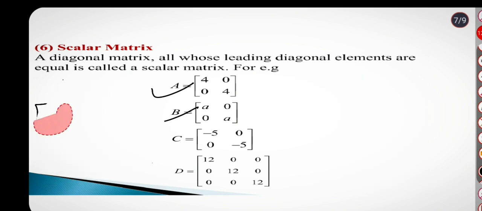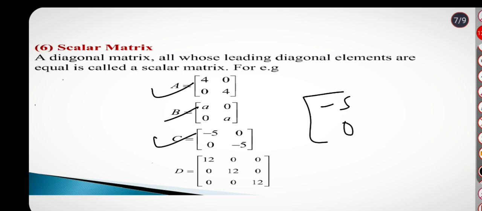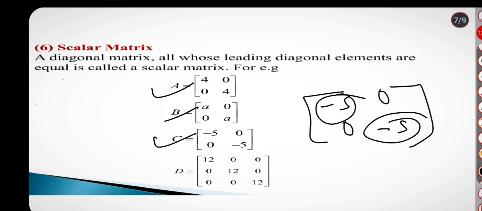You can also see in option B, where the leading diagonal elements are A and the other elements are 0, so we can say that this is a scalar matrix. And in C, the sign can be anything, but the elements should be the same. Minus 5, both elements are the same, and other elements should be 0. Then you can say that this is a scalar matrix.